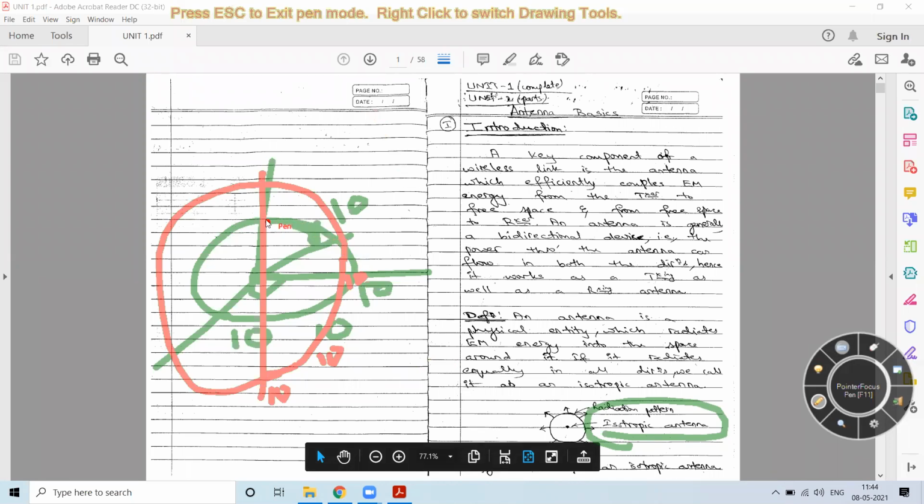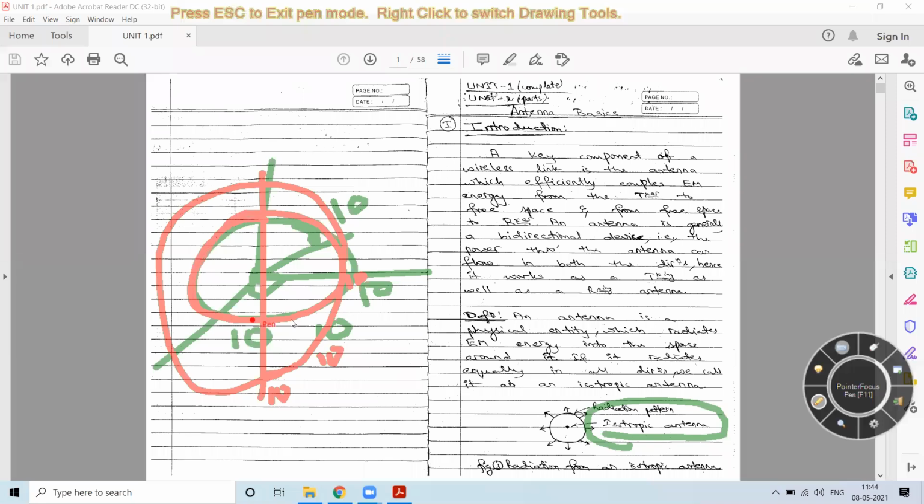So when we observe along phi, the azimuth angle, the radiation pattern will be a circle in 2 dimensional. For the elevation angle or the theta angle also, it will be a circle. Now imagine you combine two circles and rotate them, and you will be able to observe a sphere.